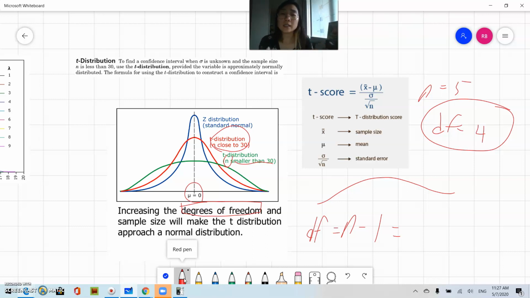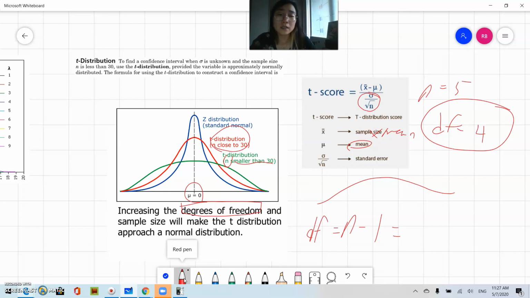And then just like you found the z-score, there's such a thing as a t-score, because remember, the z-score is how many standard deviations you're away from the mean, and the t-score is the same thing. The t-score is how many standard deviations you're away from the mean in the t-distribution. And so it's the sample mean minus the population mean over your standard error.